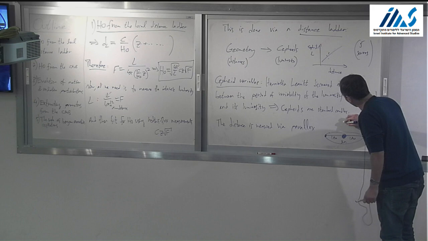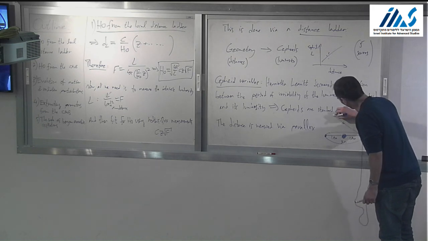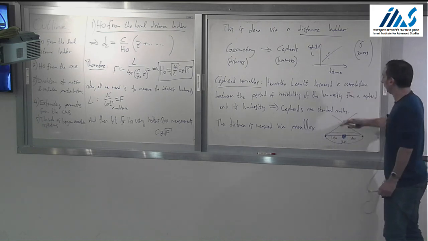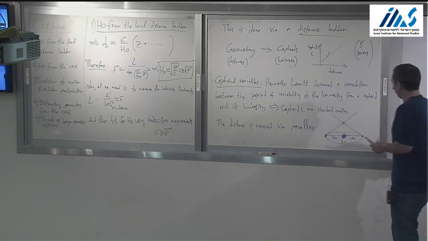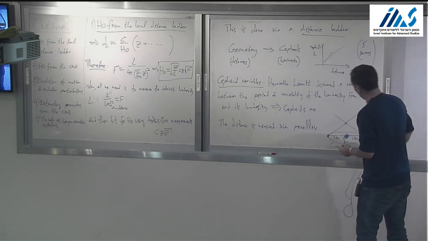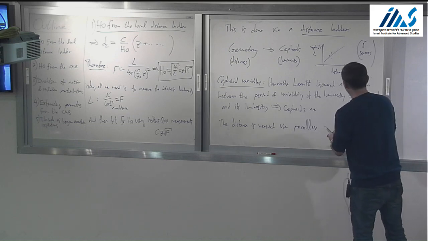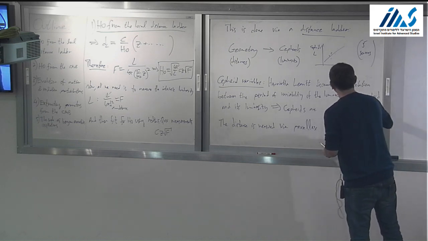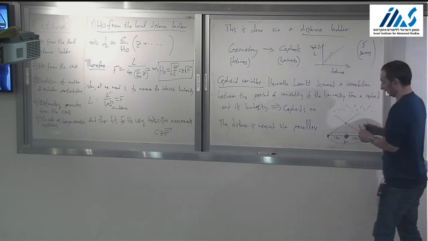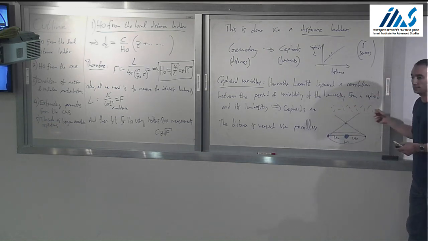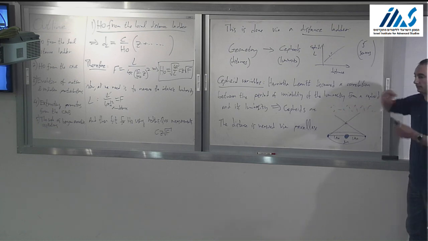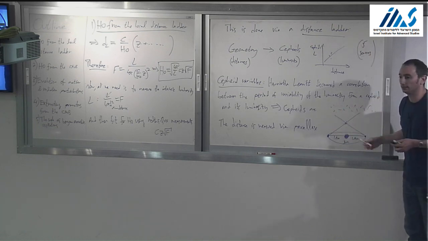So what we do is we look at a star from 2 points, and we look at it against the background of very, very distant stars. These stars, as we move around the sun, this image does not change. The stars are so far away that it doesn't matter where we look at them.